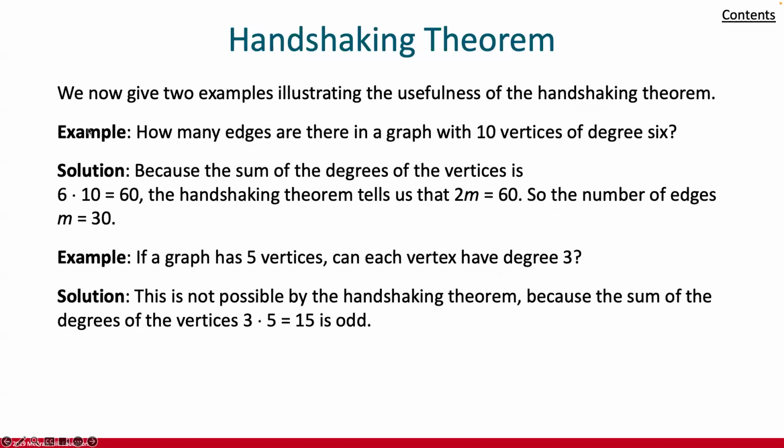We have a couple of examples we can think about for this. How many edges are there in a graph with 10 vertices of degree 6? The number of edges is 30. You can walk through the solution. If a graph has 5 vertices, can each vertex have degree 3? It's not possible is the answer we get for that, and feel free to think about that.